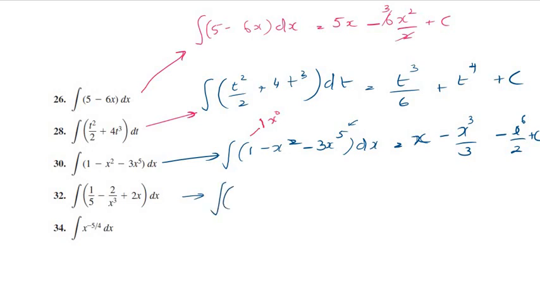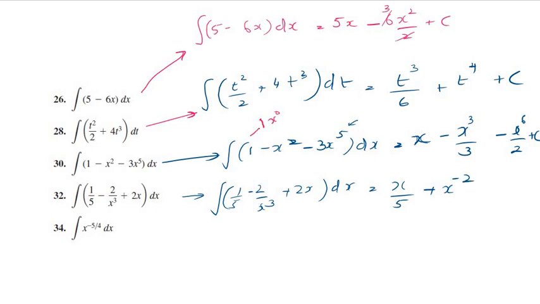Integral 1 over 5 minus 2 over x to the power 3 plus 2x dx. So the integral of that is 1 over 5 would be x over 5 plus x to the power minus 2, because this is minus 3.